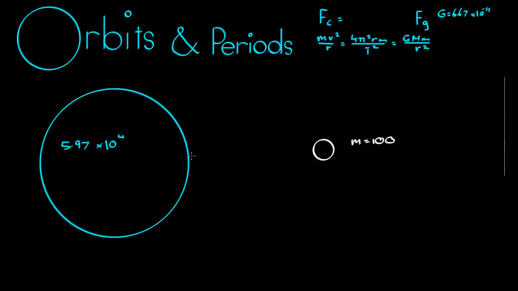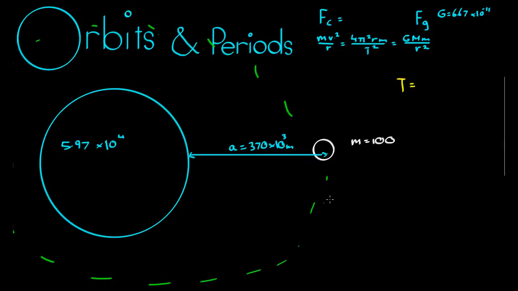The altitude of this satellite is, we'll set it as 370 kilometres. So 370, and straight away I'll go to metres, times 10 to the 3 metres. There we go. The goal of this question is to work out the period. How long it takes this satellite here to make one full trip around the Earth in a perfect circle.